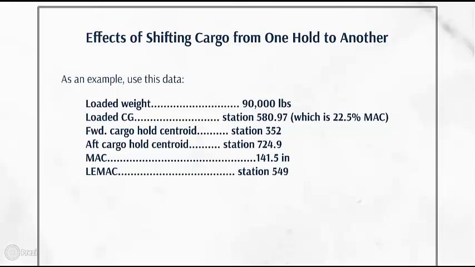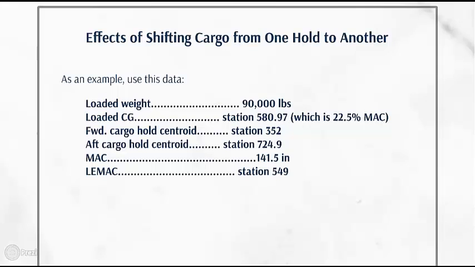Effects of shifting cargo from one hold to another. When cargo is shifted from one cargo hold to another, the CG changes, but the total weight of the aircraft remains the same. As an example, use this data. Loaded weight is 90,000 pounds.